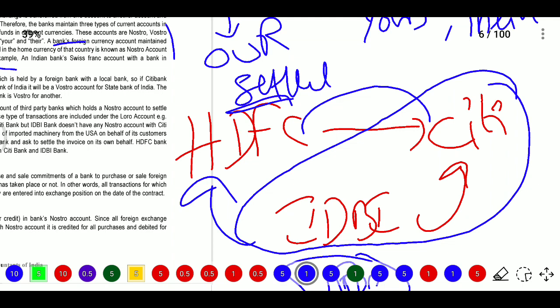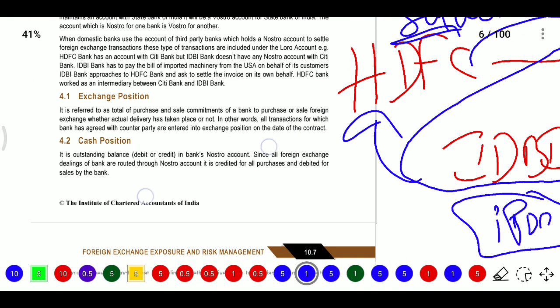Next, exchange position. There are two positions: one is the exchange position, another is the cash position. Exchange position means the total purchase or sales commitment of the bank to purchase or sell exchange contracts, whether or not actual delivery has taken place.